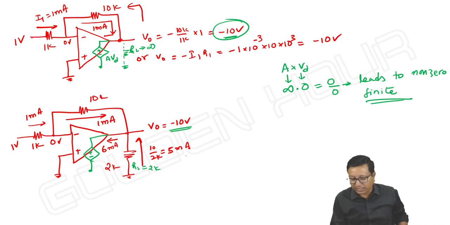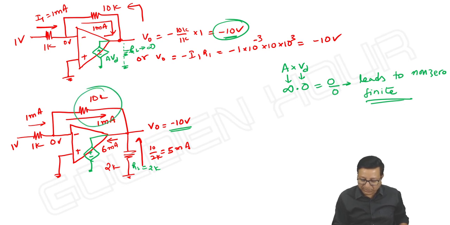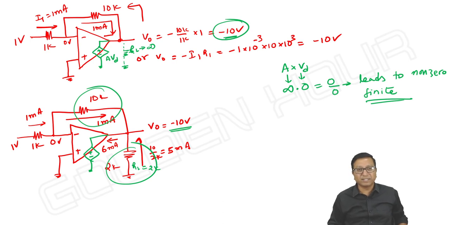Here RL is 2K and IL is equal to minus 5 milliampere. That's it. It doesn't mean that this 2K is parallel to 10K. It is meaningless. It is a coincidence that the voltage across the 10K is equal to the voltage across RL. That's it. It doesn't mean that 10K is parallel with 2 kilo ohm.